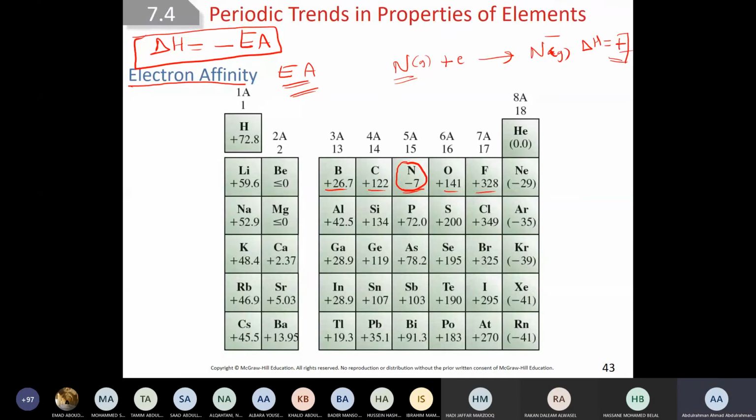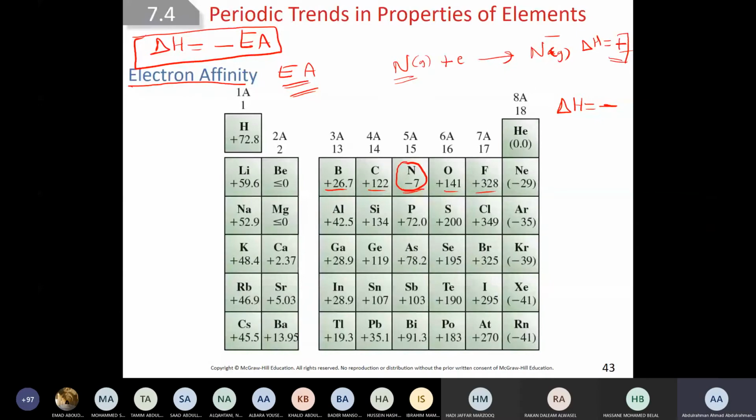This means adding an electron to nitrogen is not favored. We know that if delta H is minus, it's exothermic and will happen by itself. But when it is positive, it doesn't want to happen. Why is nitrogen's electron affinity minus and delta H positive?